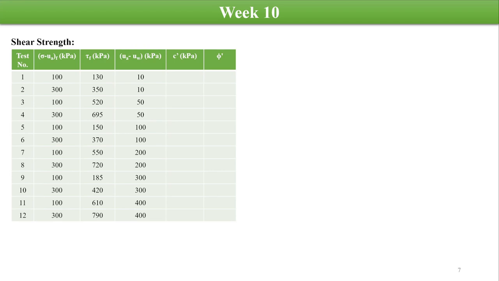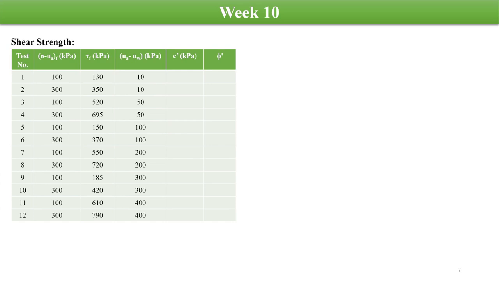Okay, so here test results from 12 tests are provided, and the values of sigma minus ua, tau f and the suction values are provided here. First we'll calculate the value of c dash and phi dash for every test, and then we'll calculate the value of c1 dash as well as phi b.